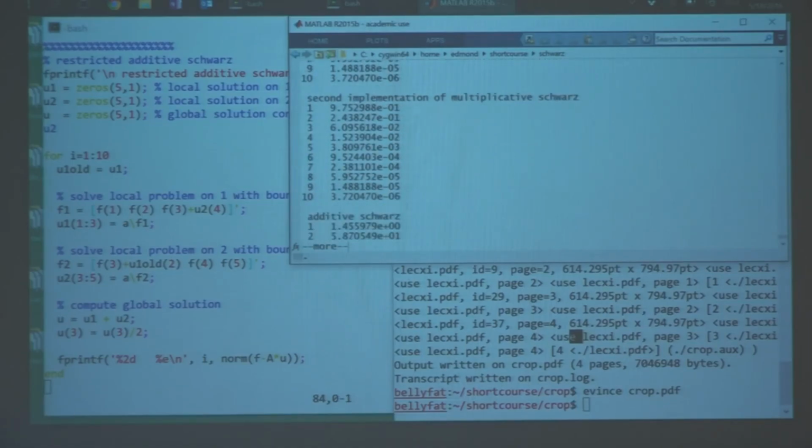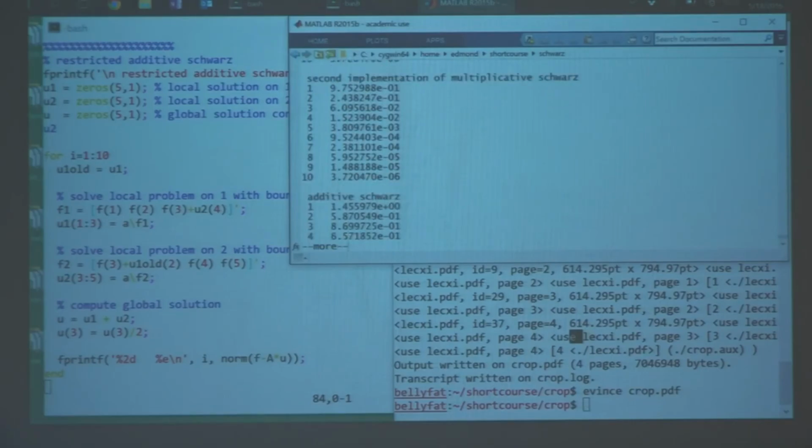And then for additive Schwarz, you can see that the convergence is not good. Additive Schwarz is a lousy method, even for this very simple problem, like a 1D Laplacian problem. It can't even work on that.